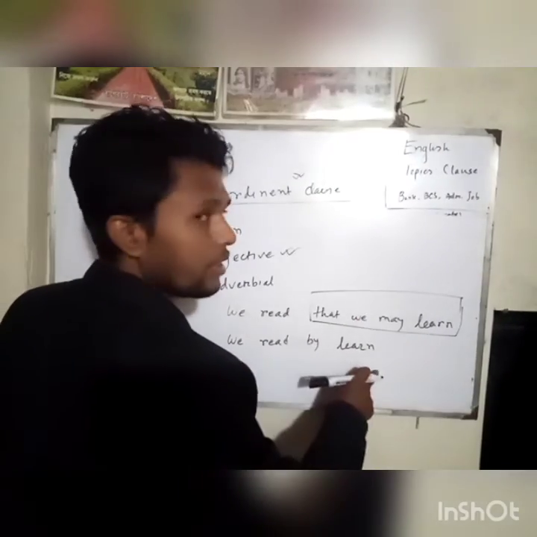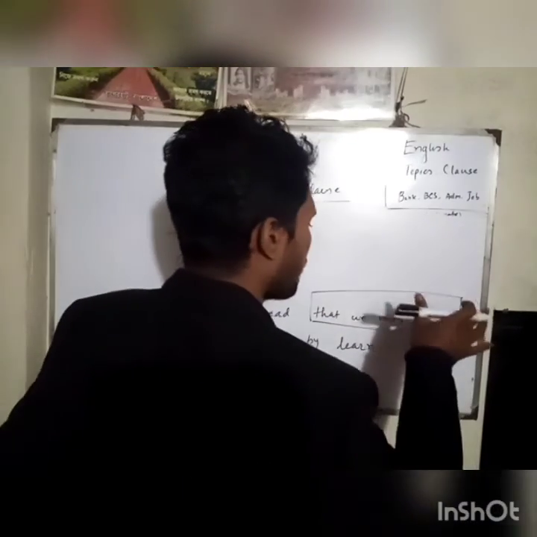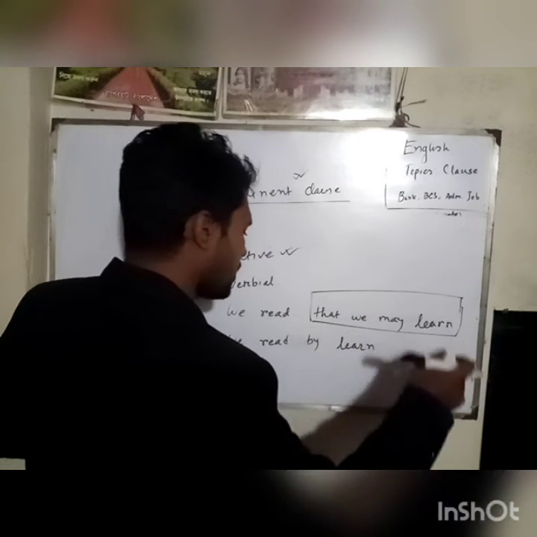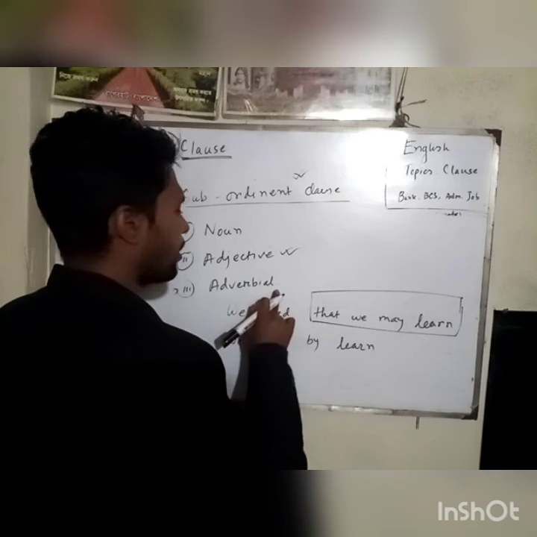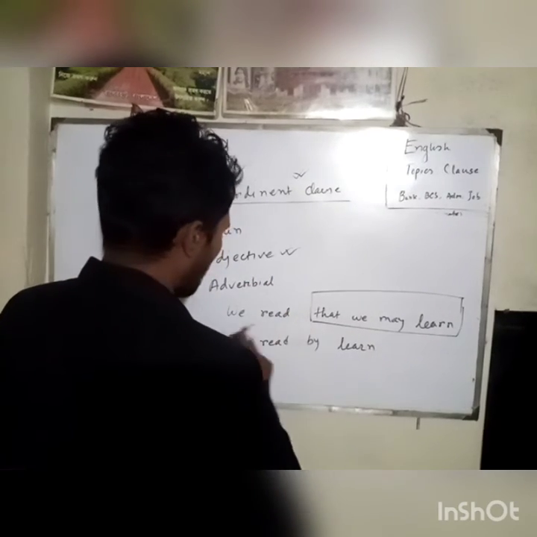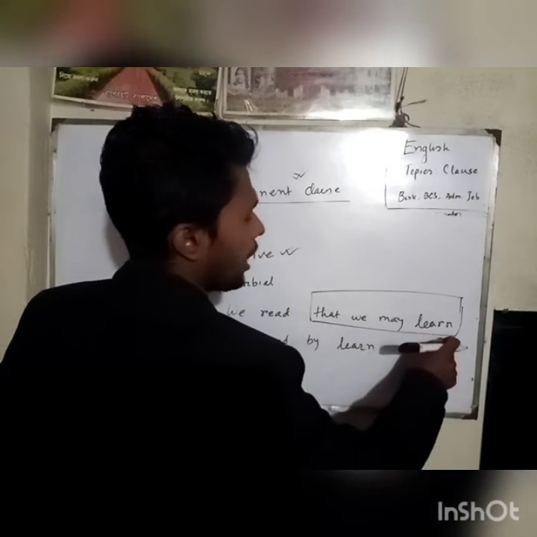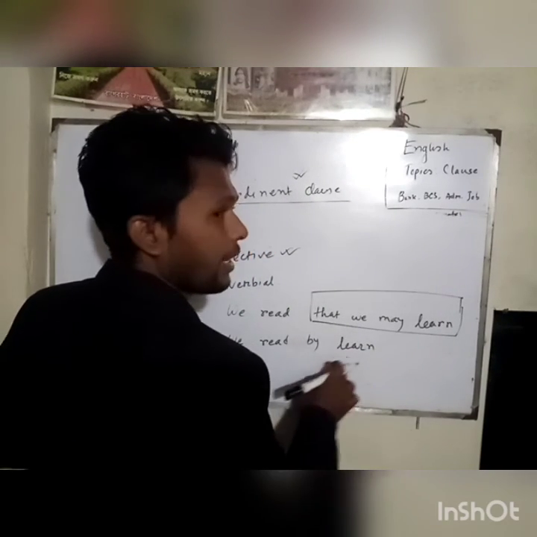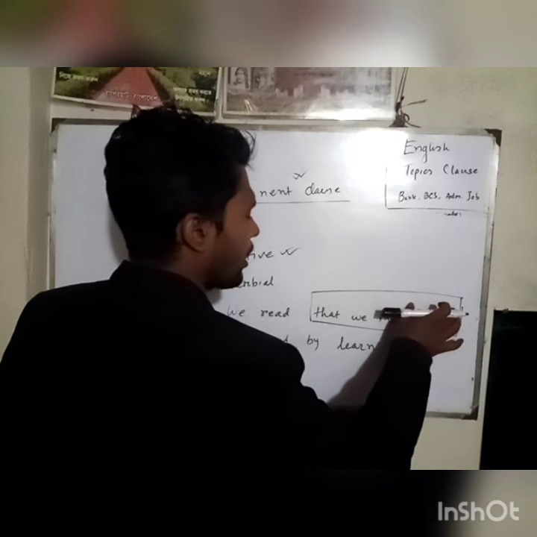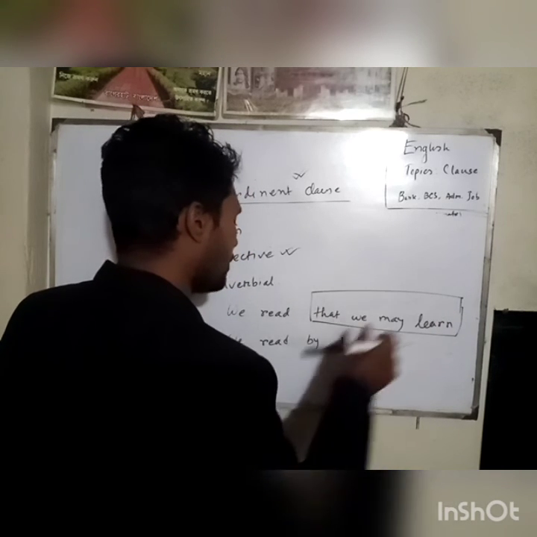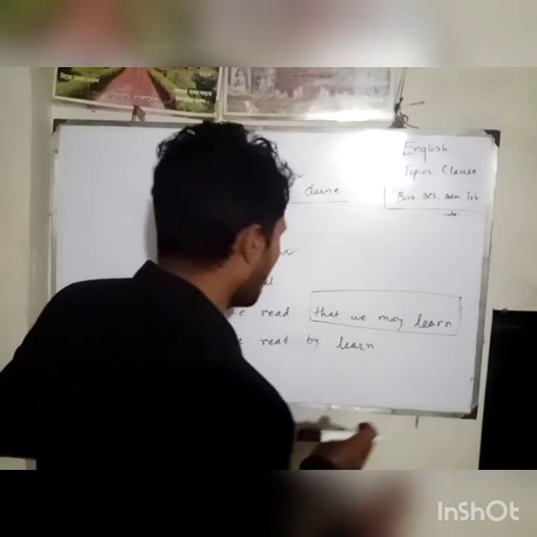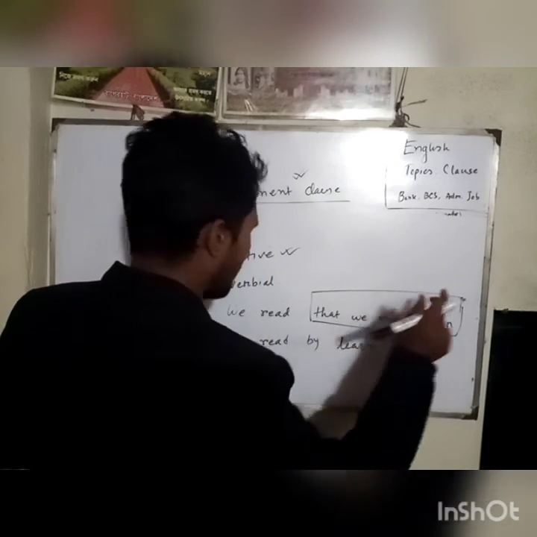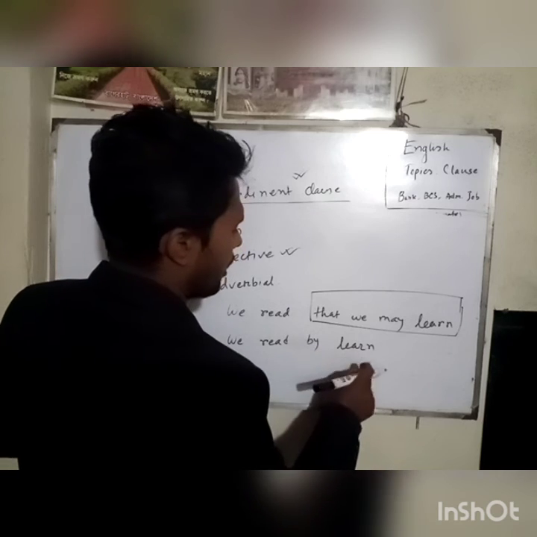When some part of a group of verbs is taken and it describes the full meaning, it's called an adverbial clause. From we read that we may learn, we take only the verb and add by.